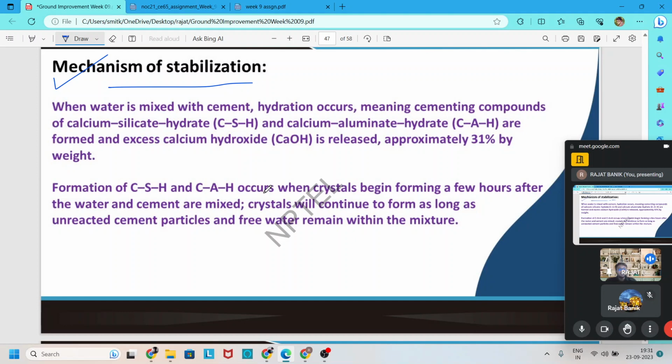That means this reaction is a continuous process, and after a few hours the ground becomes a hardened mass, and this continuously increases the strength of the soil.